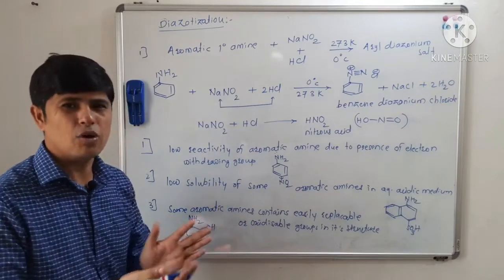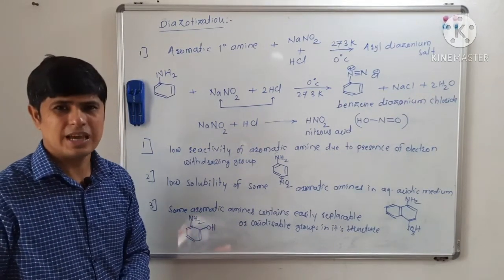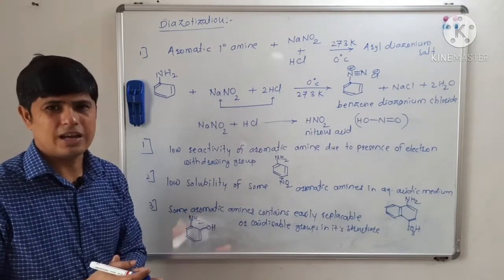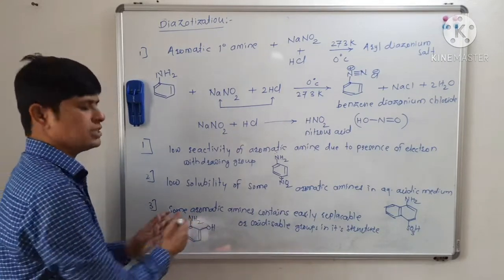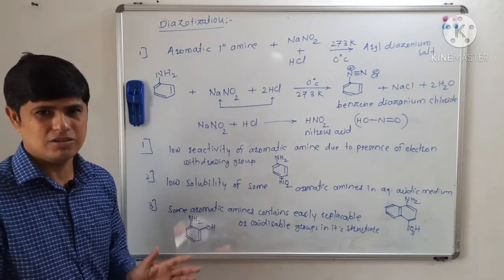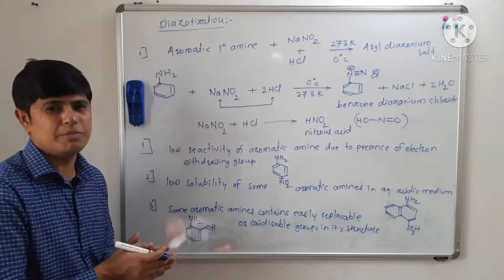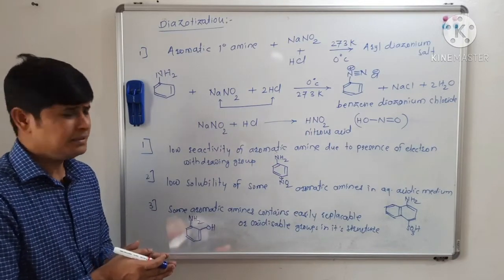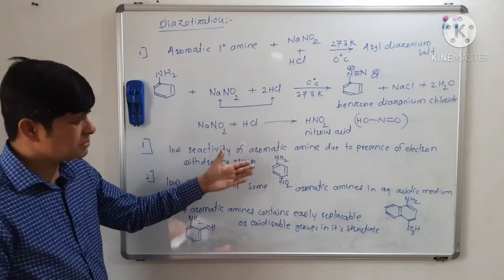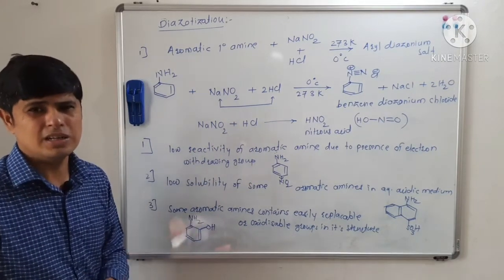Hence we will get lower yield and some side reactions, so we cannot carry out diazotization on such molecules, that is, aminophenols. So these are some difficulties observed in the laboratory during diazotization reaction.